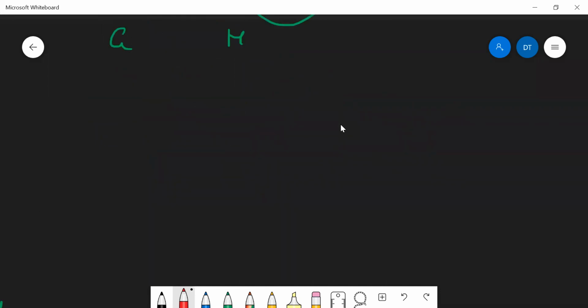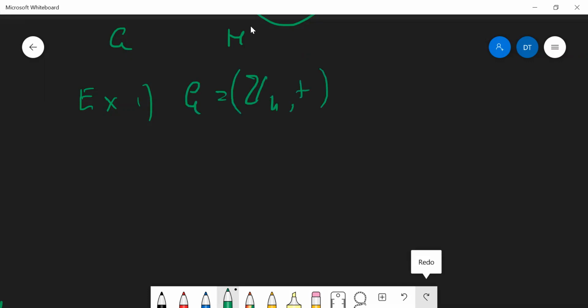But now I want to give you several examples. Example number 1. Let's take G to be the group Zn with addition, and H to be the group mu n, which is the set of all complex numbers with this condition.